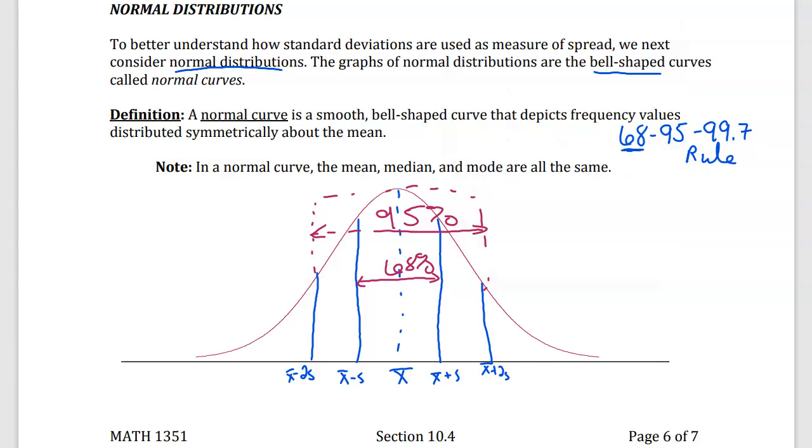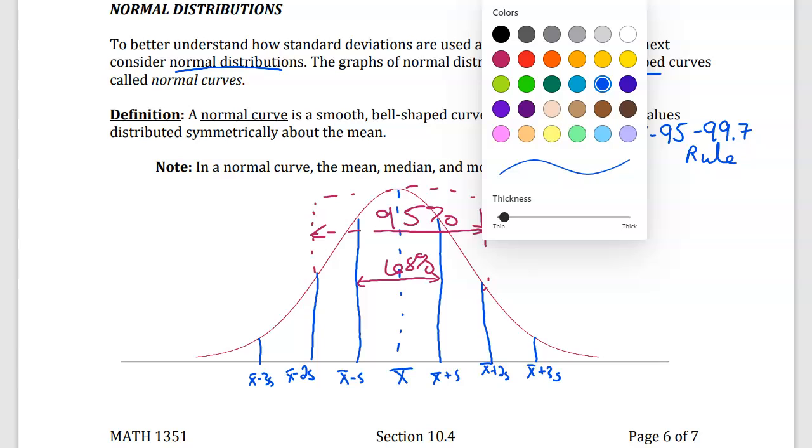Then we go out a third standard deviation, so the mean plus 3 standard deviations and the mean minus 3 standard deviations. That includes this 95% all the way in here, plus some extra.